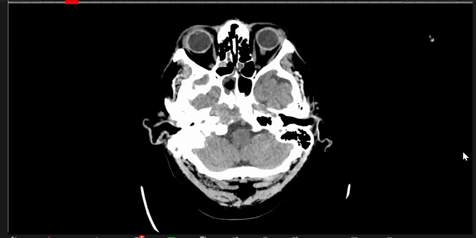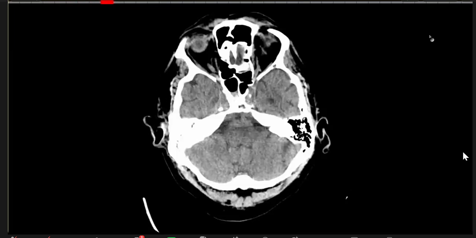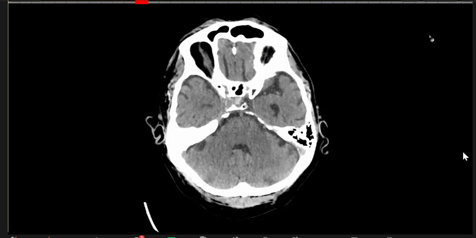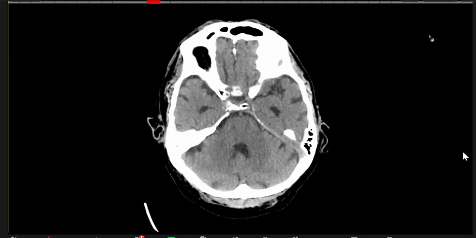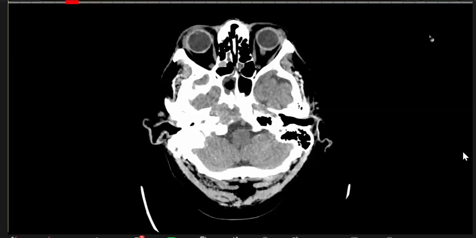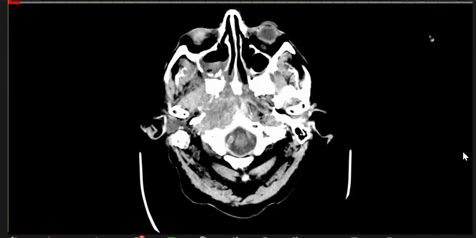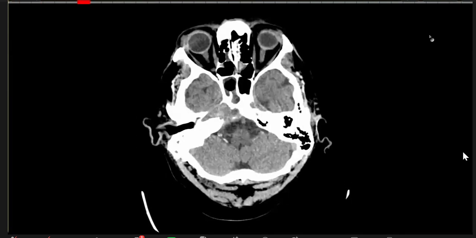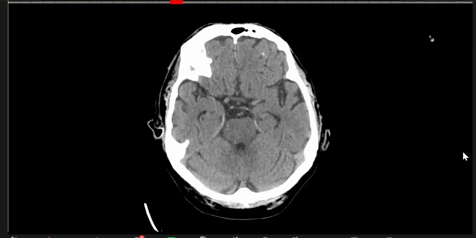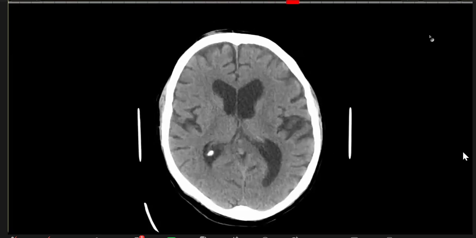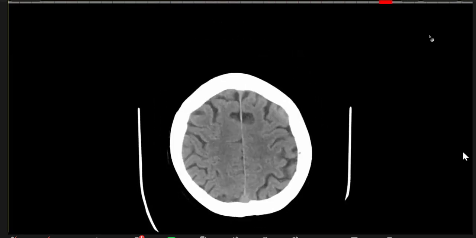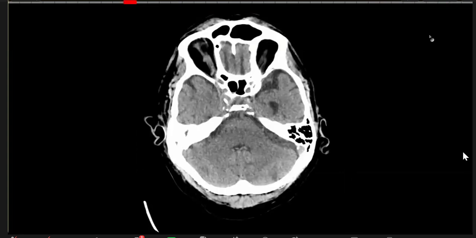Okay, this is a CT axial brain of a patient with history of stroke. I'll take a moment to scroll through the images before I come to a conclusion of my findings.